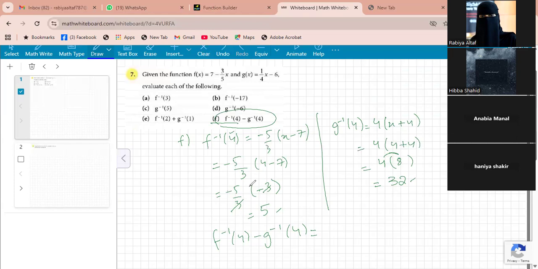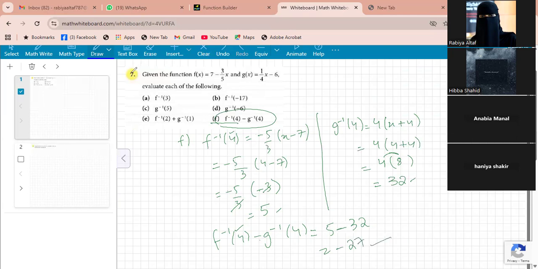Yes, we need to subtract. First, we need to write the answer of the first one, which is 5. Then put the minus sign, and then we have this second number, which is 32. Then we need to subtract these two numbers, and I guess the final answer will be negative 27, right? So this is all about question 7.